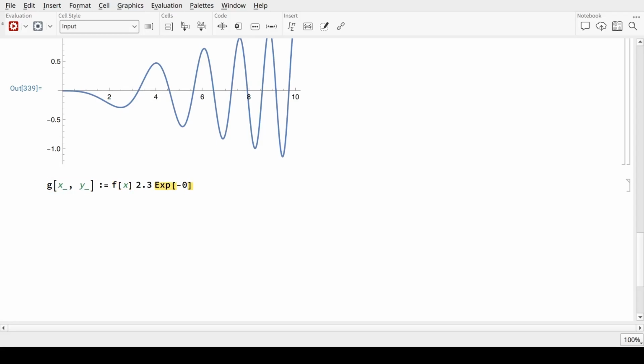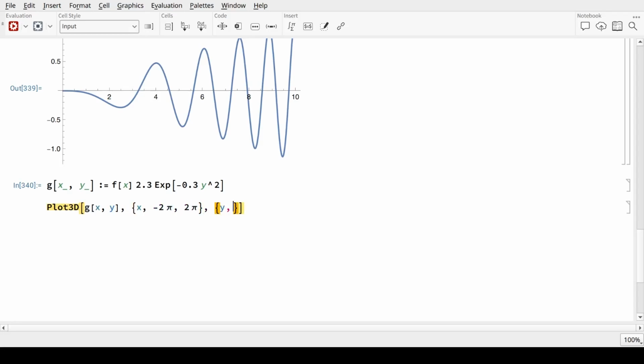So minus 0.3 y squared. This is our equation. Now let's just try to plot it. That's a 3D equation, so Plot3D. G, x and y, and x can be from -2 pi to 2 pi.